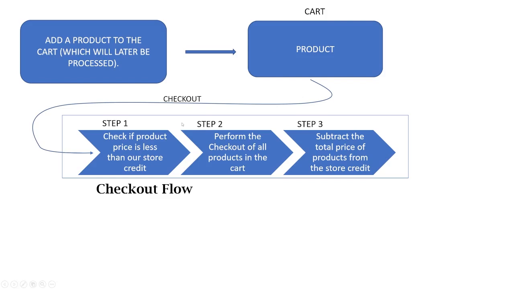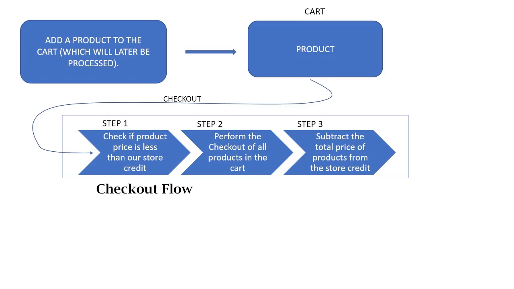So in the first step, it will check if the price of the product that you're trying to check out is less than the store credit that you have in your account or not. For example, we have bought a $10 gift card and the store credit was $100, which means you are able to buy because $10 is less than $100 and you are allowed to buy it.